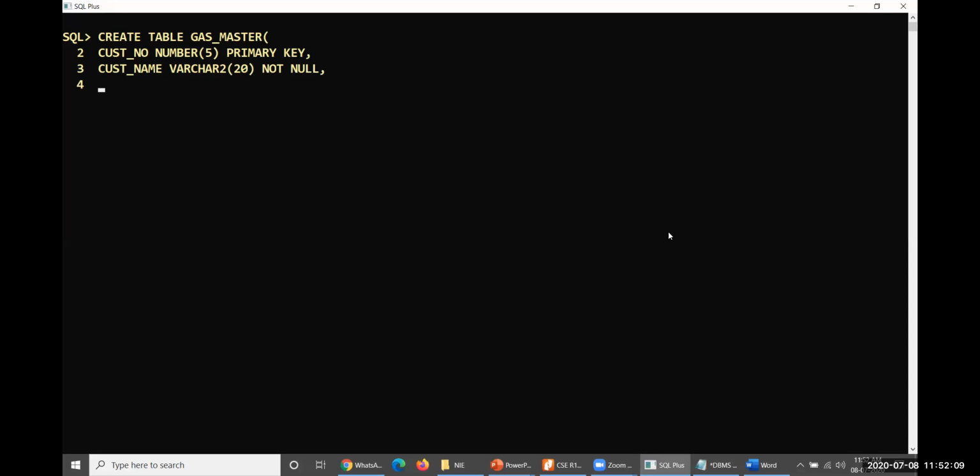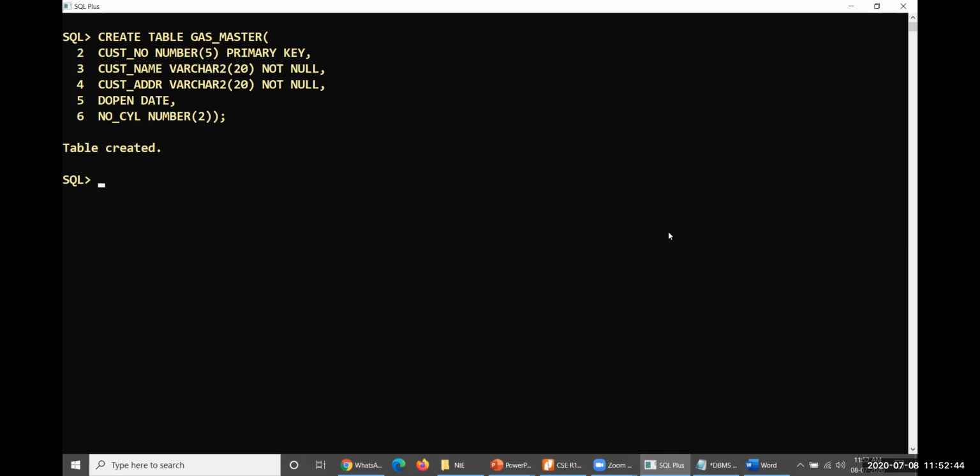Then CUST ADDR, customer address, varchar2 of 20 or 50, whatever it may be, not null. Date of open, D open, which is a date. Number of cylinders, NOCYL, a number of 2. These are the columns I'd like to take for gas master, something like this.